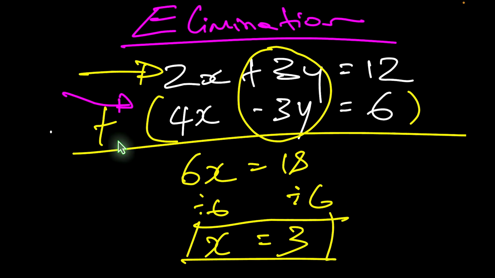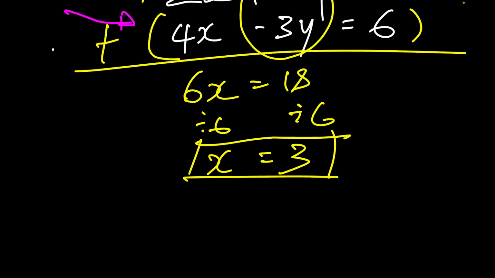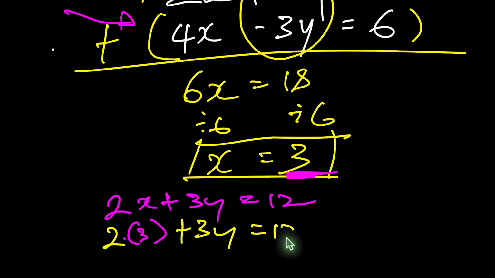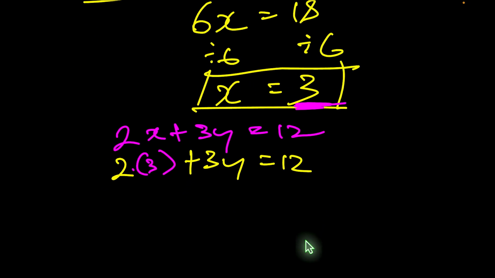Let's just use 2x plus 3y equals 12. So we have 2x plus 3y equals 12, and we're going to substitute this 3 that we just found for x in this equation down here. So we're going to replace x now with 3. And what we're left with is just one unknown, which is y. And that's what we're going to solve for.